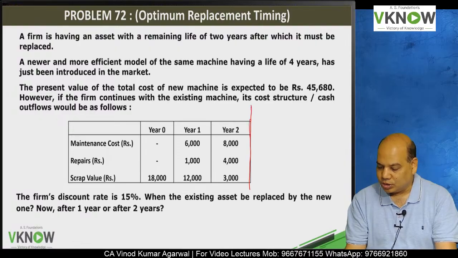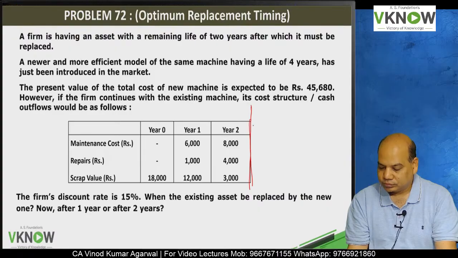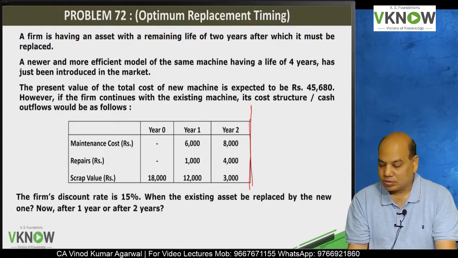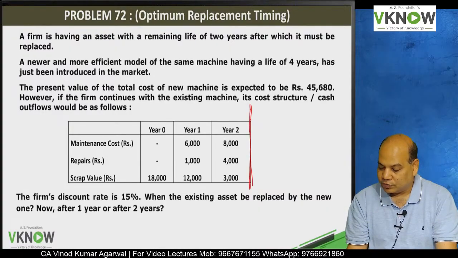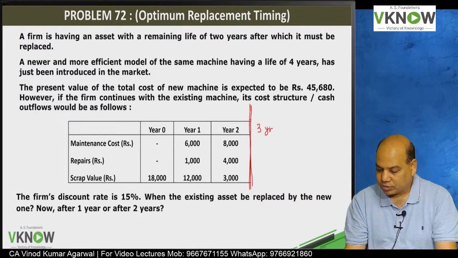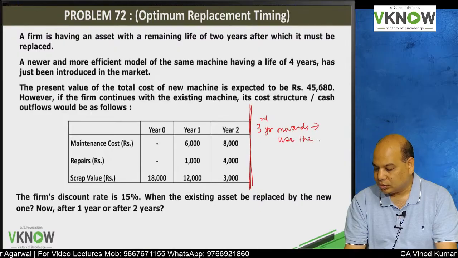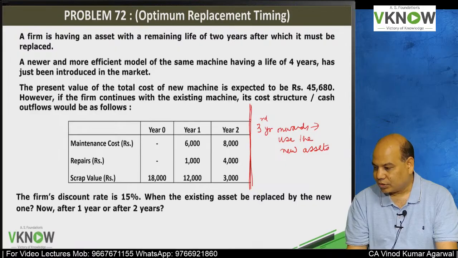Because after 2 years, the old asset life will be over, and maximum I can use it for 2 years, and from third year onward, you have to use the new asset. Is it right?